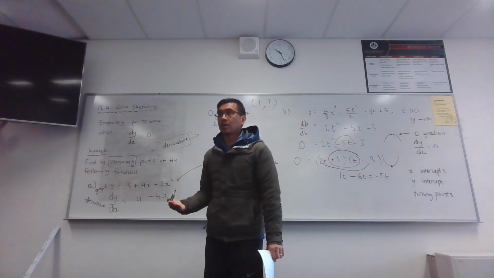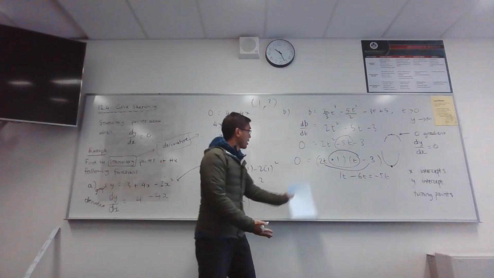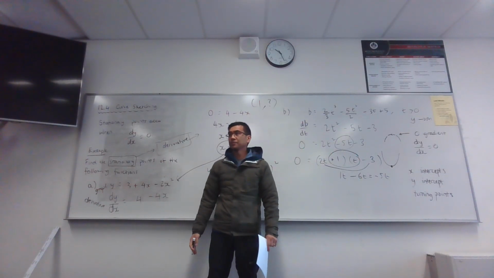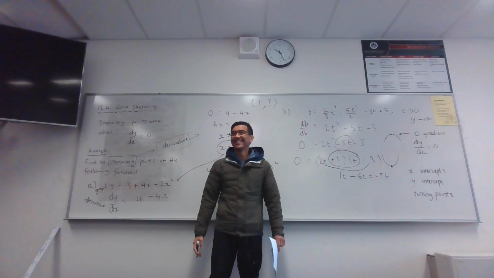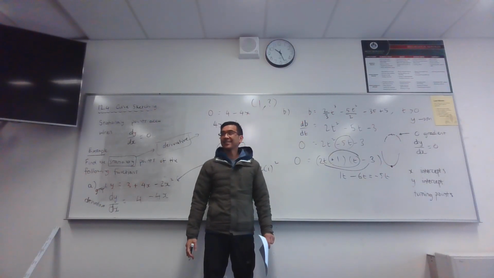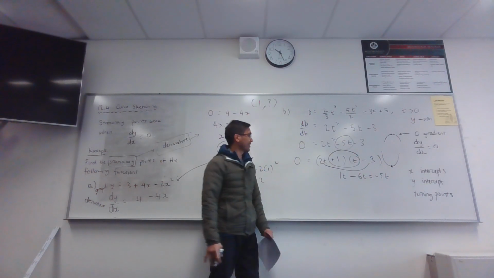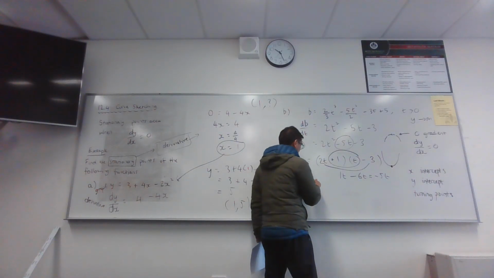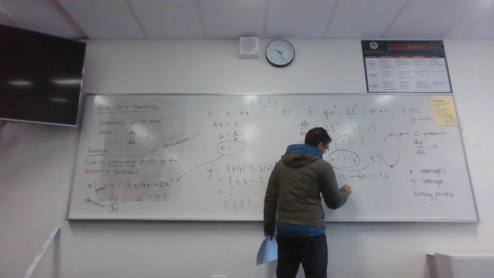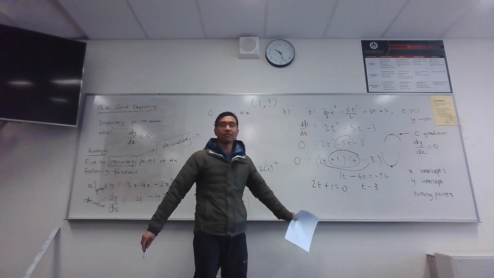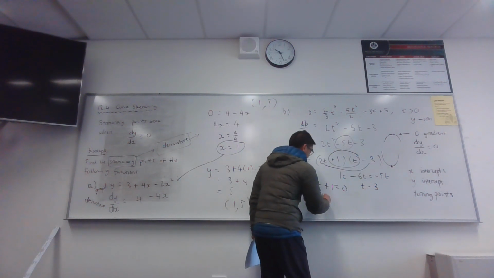Last step is null factor law. You pretty much got to nullify one of them. Find the other one. No, we nullify both of them. You're almost right. Okay, null factor law.